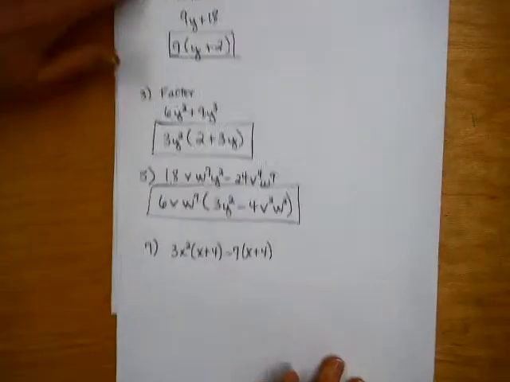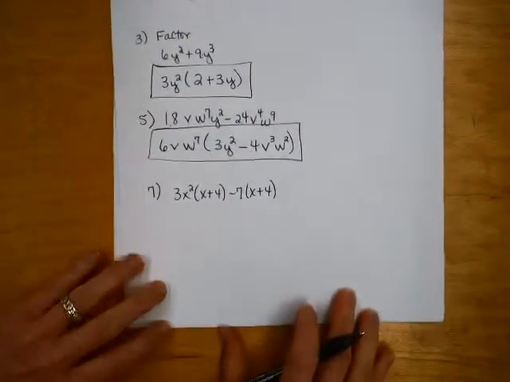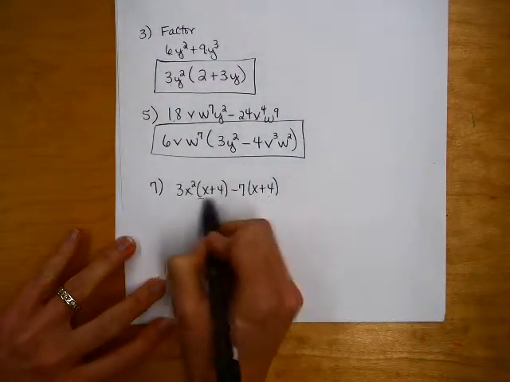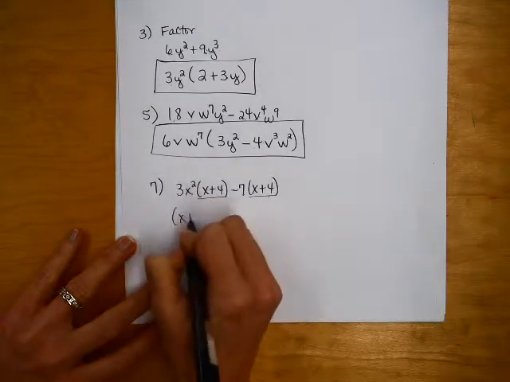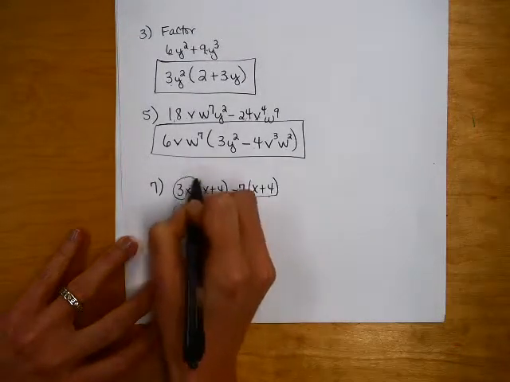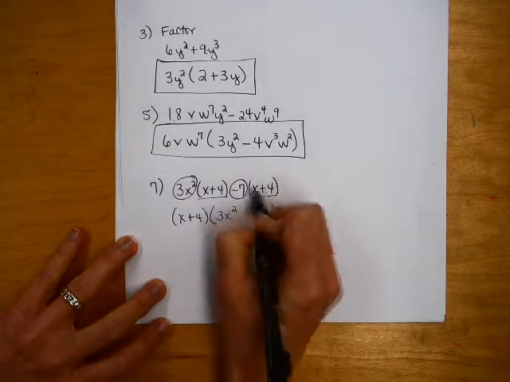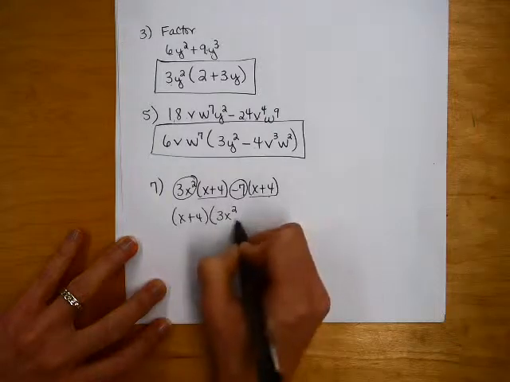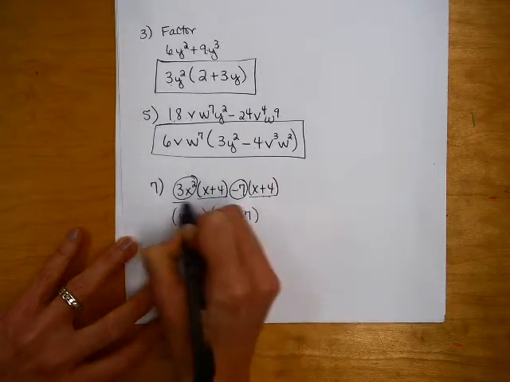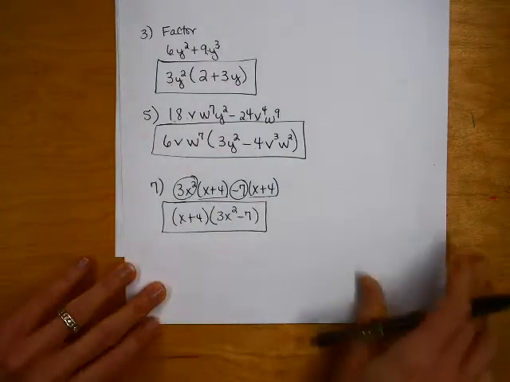And it tells you in the instructions to factor out x plus 4. So if I factor out this x plus 4 and pull it to the front, times, well, I have 3x squared left here, so that would go in here, and I have minus 7 left there. So this would be my final factored answer for that problem.